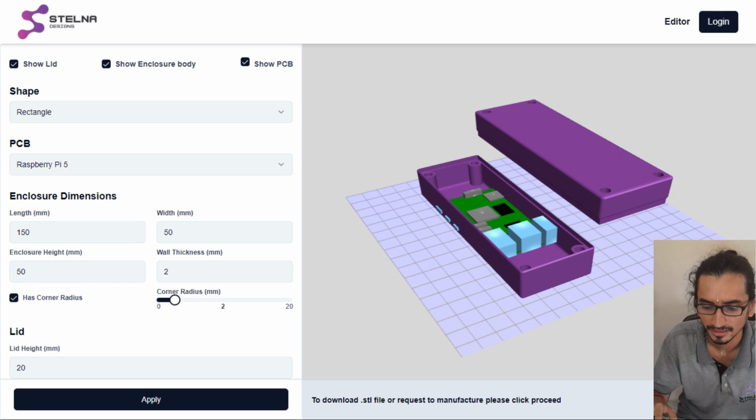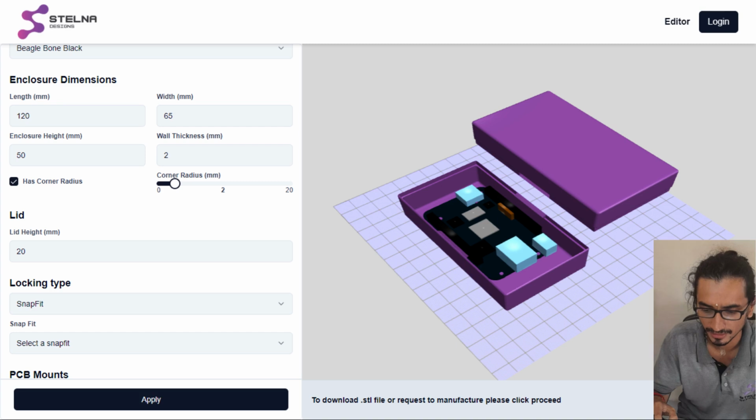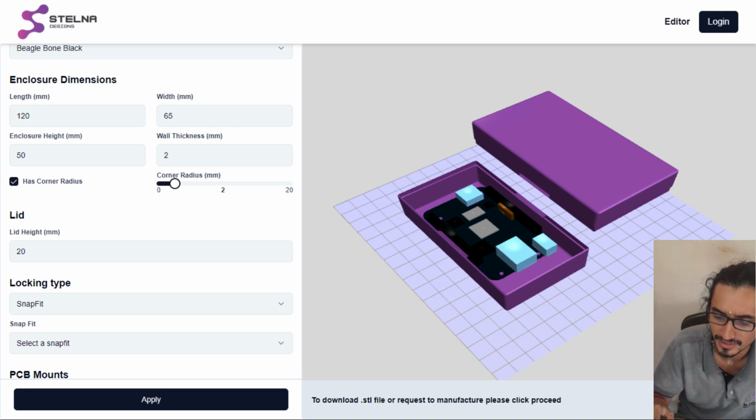One of the things we have built as part of it is a design generation tool, which is part of a platform we are building. It's a design generation tool using which you can generate components like enclosures, or sheet metal components like L brackets, Z brackets, and ducts, etc.